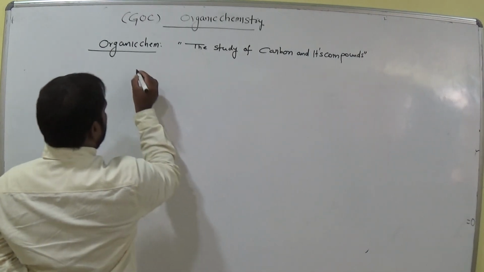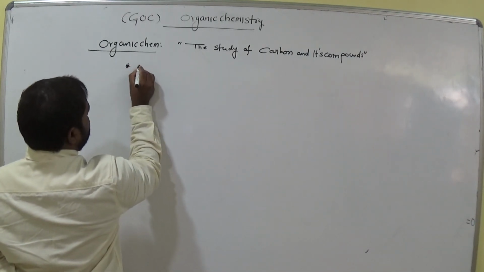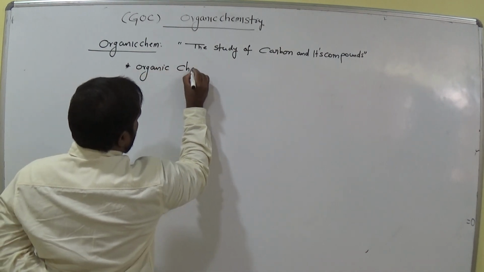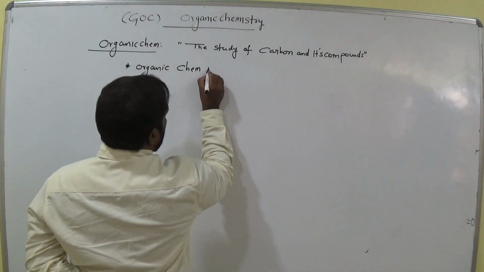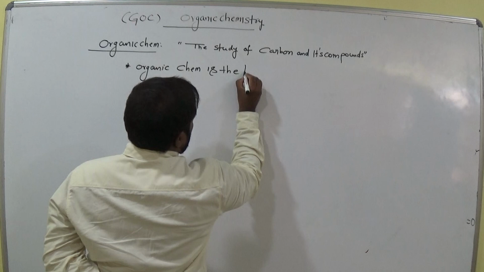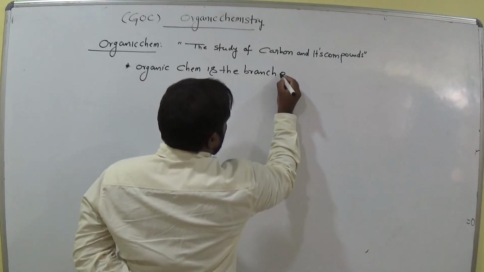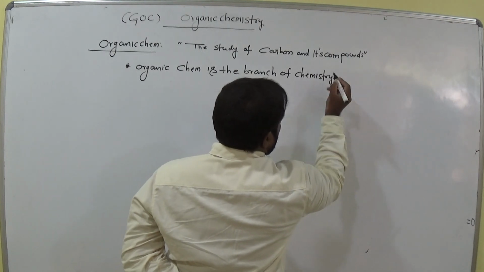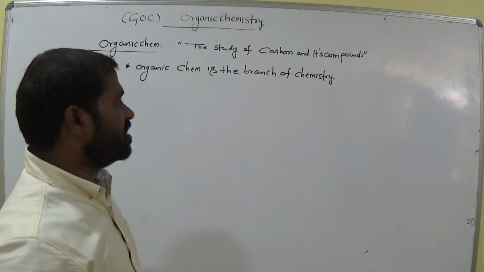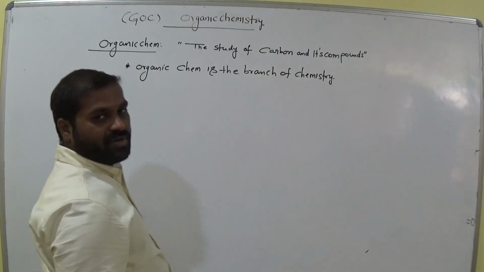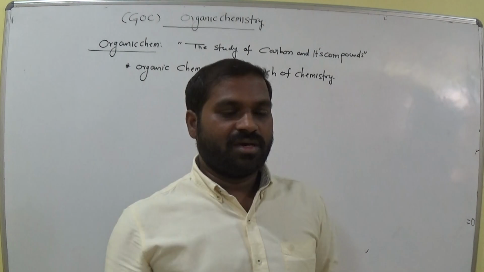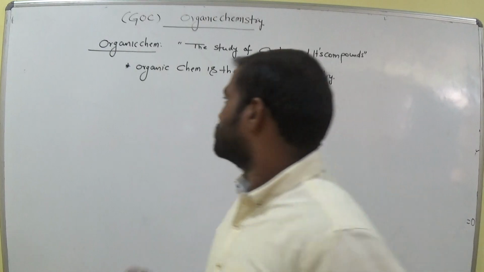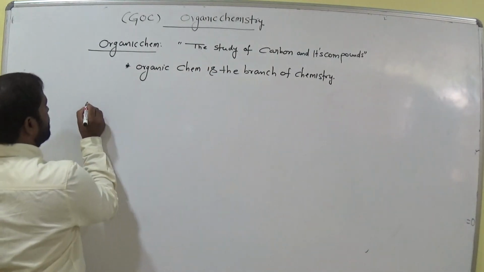Okay, organic chemistry is one of the branches of chemistry. So it is the study of carbon and its compounds. Okay, so in this unit we are going to study about carbon and its compounds. Now I would like to discuss carbon.